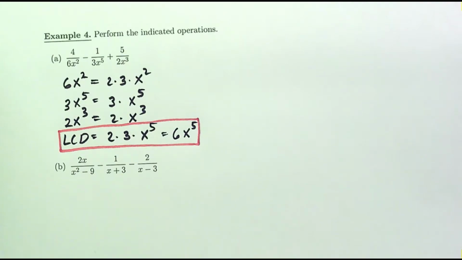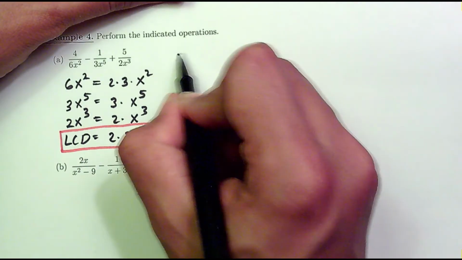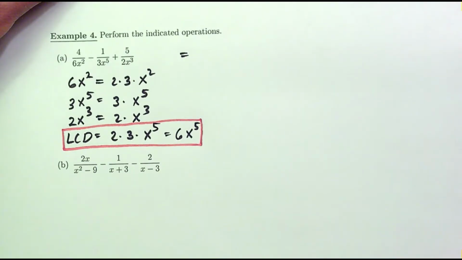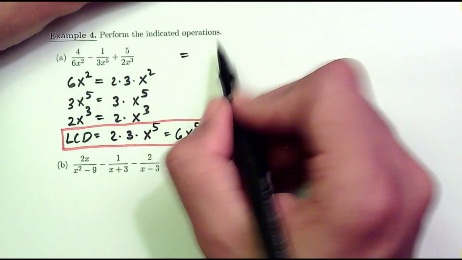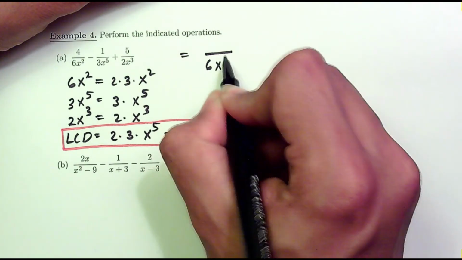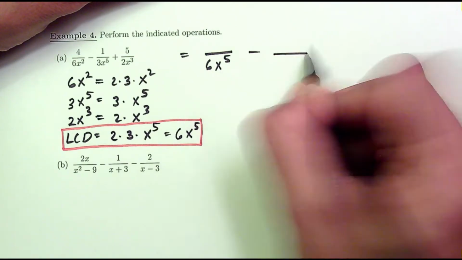Okay, so now that is the new denominator that we're going to want. We're going to change each of these three fractions into new fractions that have 6x to the fifth as the new denominator.